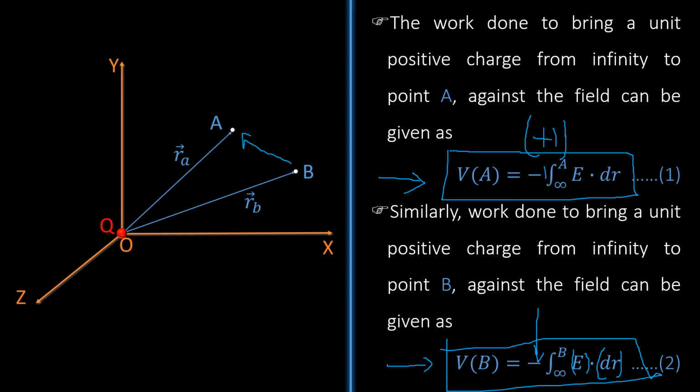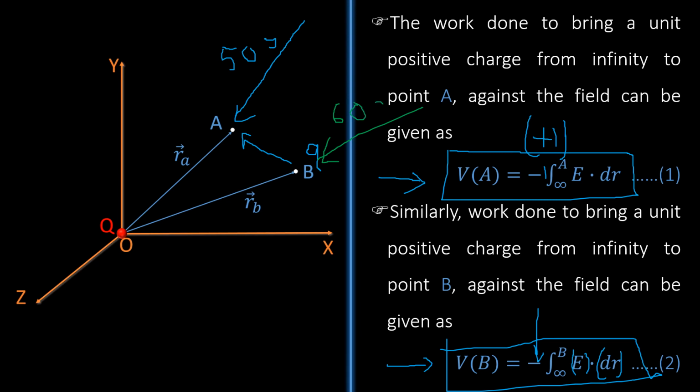Suppose I have small q here and I go from B point to A point. What will happen then? So right now, assume that my work done to bring unit positive charge from infinity to A point is say 50 joule. Suppose work done to bring unit positive charge from infinity to point B is say 60 joule.